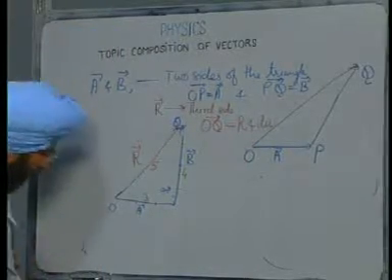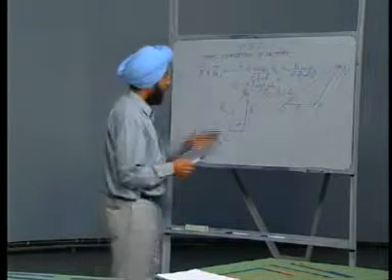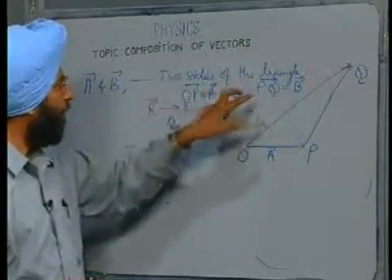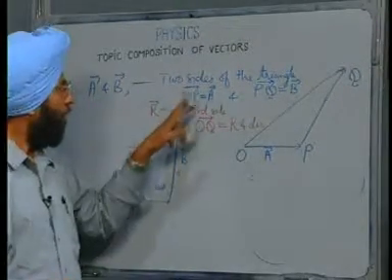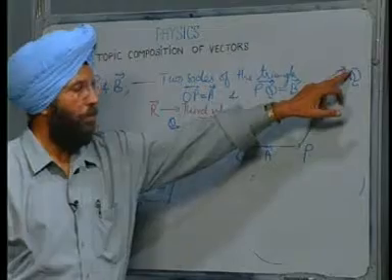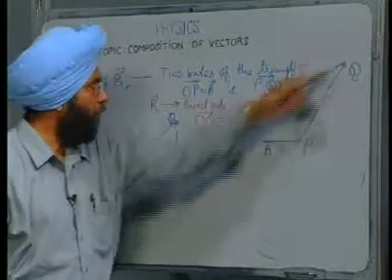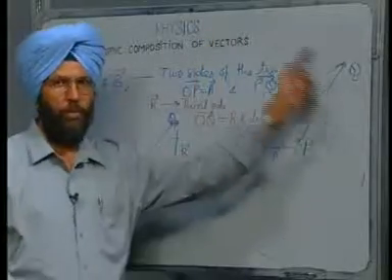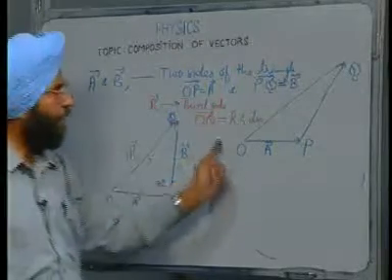So, now let us complete the statement. We have left one thing here. Two sides of the triangle OP and PQ represent the vectors A and B taken in the same order. We move from O to P and P to Q. We cannot move O to P and then Q to P. We are to move in the same order O, P, Q. Then resultant is given by the third side taken in the opposite order.